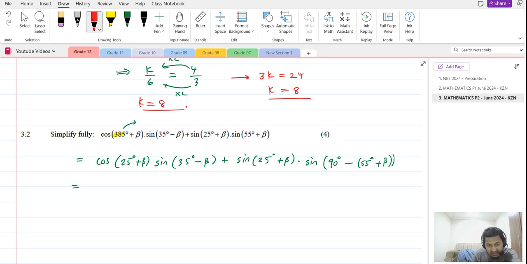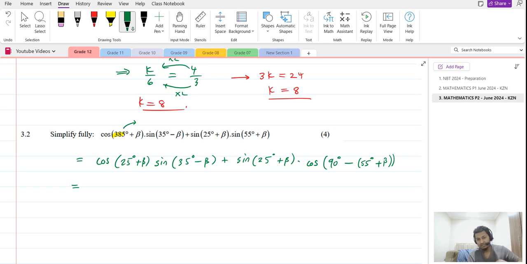So that is sine of 35 minus beta, 90 minus 55 degrees plus beta. Cos 90 minus 55 plus beta. No, we can't. It shouldn't be 90. It should be cos. Put a cos here.